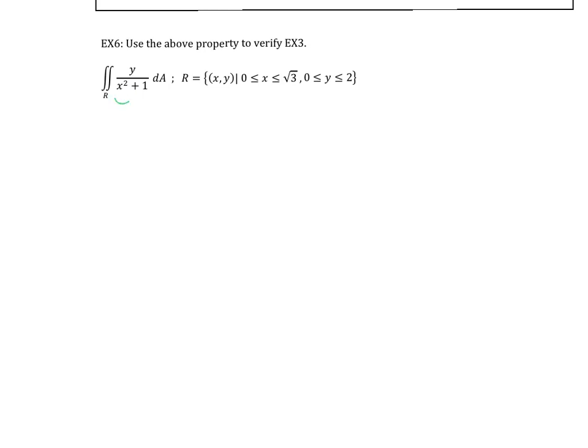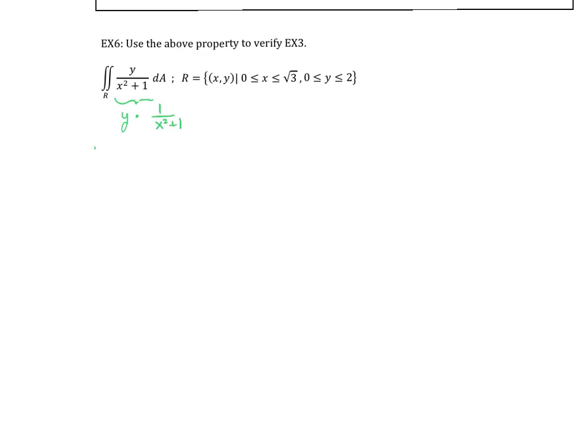Notice that this is the same as y times 1 over x squared plus 1. So here I was able to write this as a product where all the y's are in one, all the x's are on the other side of my product. So if you can separate your x's and your y's this way, you can also separate your integrals this way as well.